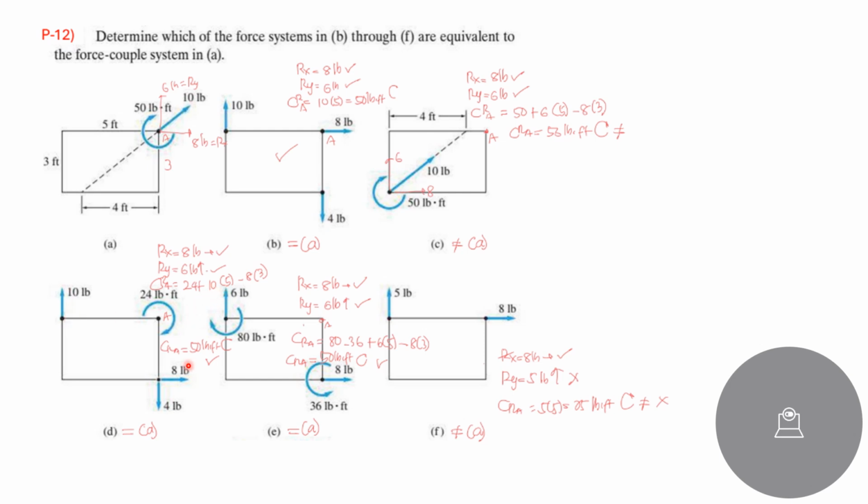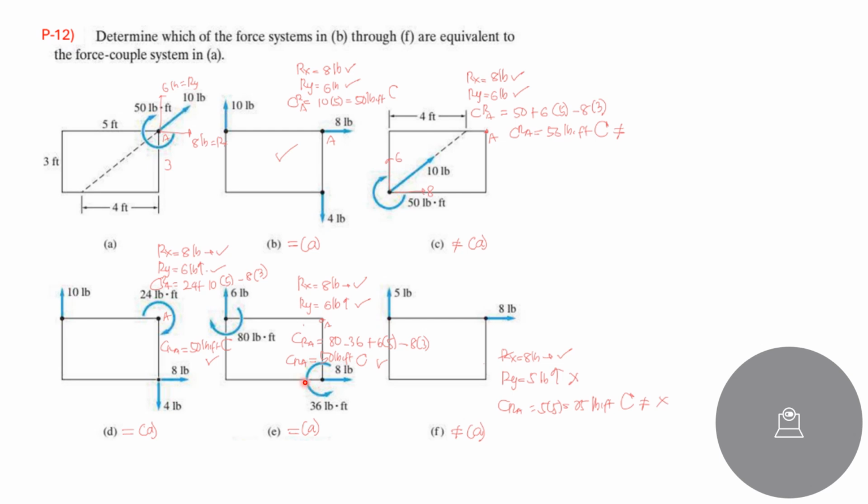Then we subtract the moment of 8; the 4 has no moment about A. Minus 8 times 3. And that is also 50 pound-foot clockwise. So Rx check, Ry check, resultant couple about A is also correct. So the force system at D is equal to that at A.